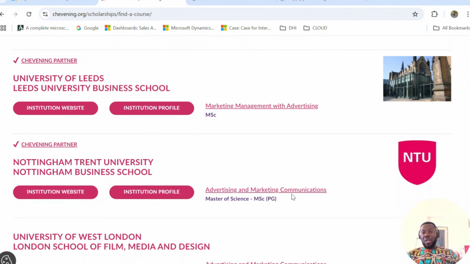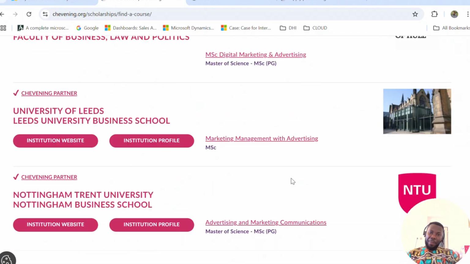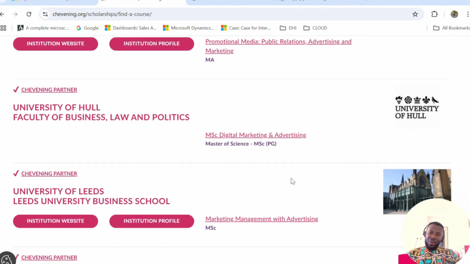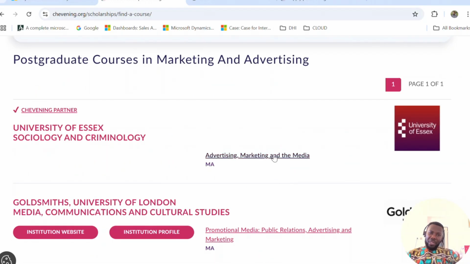You must make sure that you meet all the eligibility criteria for admission by the university and by the department. Don't just select them. So assuming that we have checked everything and all these programs here, the person meets the requirement, I will go for the advertising, marketing, and the media.